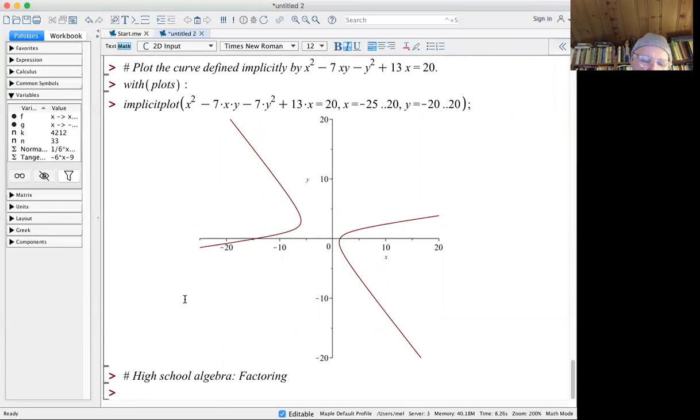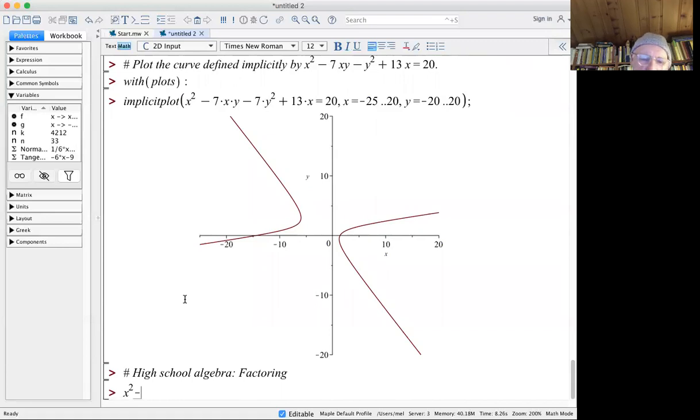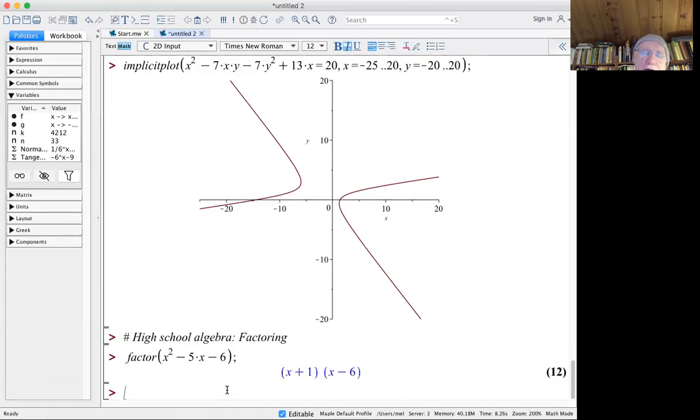You might have a polynomial like x squared minus 5x minus 6, and you want to factor it. Well, the command to factor in Maple is easy. You just write the word factor and put the polynomial you want to factor in parentheses, and there it's factored.